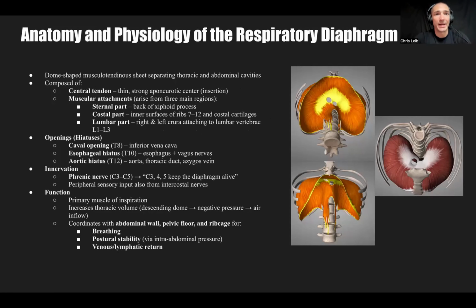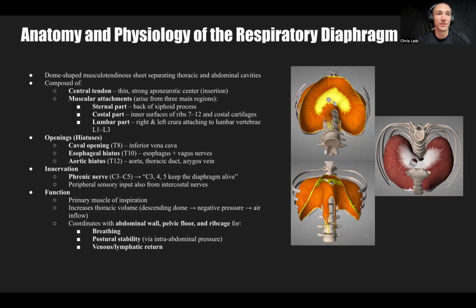So let's start with the anatomy and physiology of the respiratory diaphragm, because I think the respiratory diaphragm is like an origin story for breath control. So if we understand a little bit about the anatomy and physiology, it helps us understand everything else about this conversation. So the respiratory diaphragm is a dome-shaped musculotendinous sheet, and it separates the thoracic and abdominal cavities.